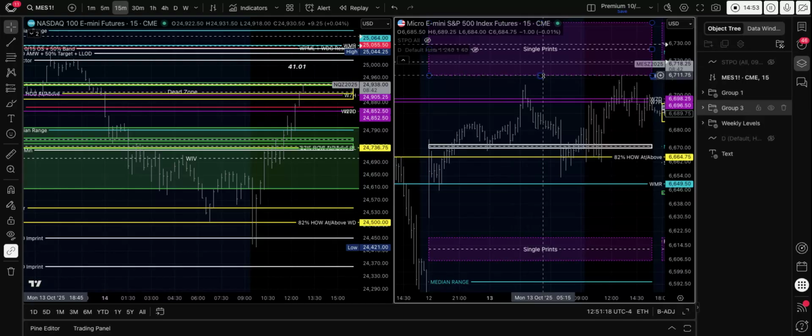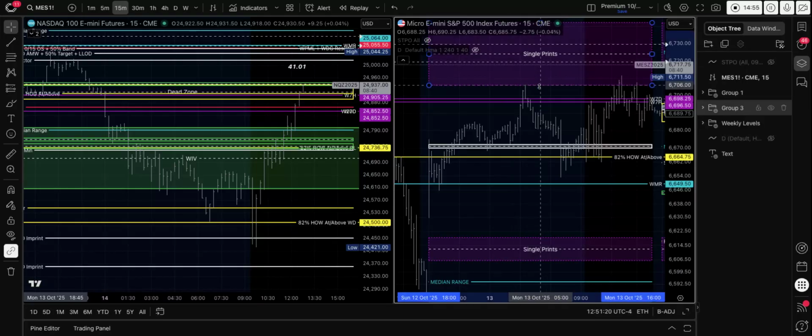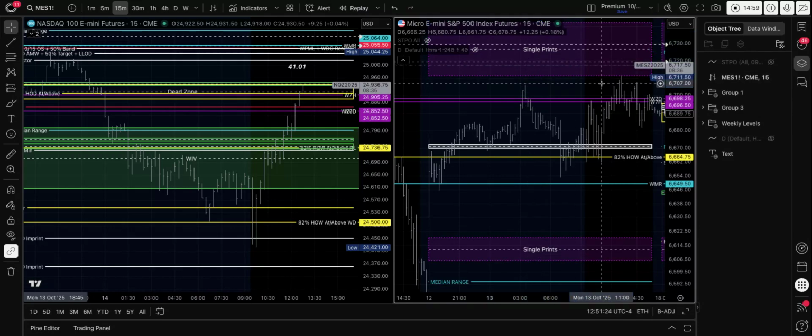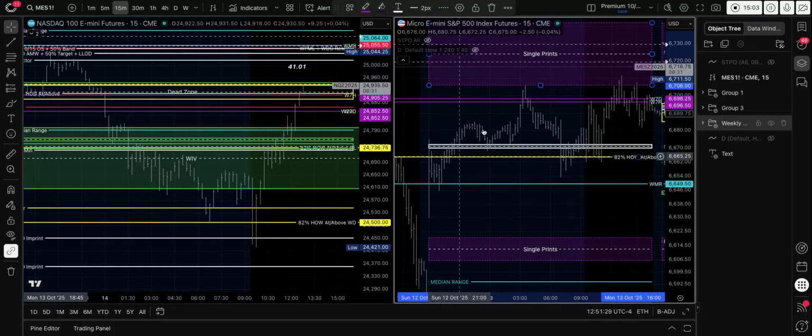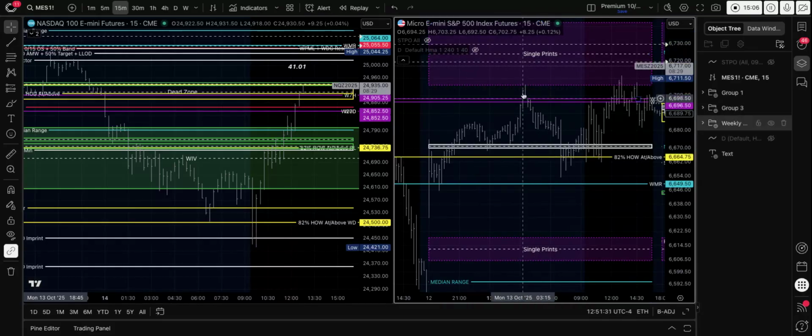This was excellent. This single print box, before I updated, was down here, but after it got partially filled, I moved it up. But initially it was here, which single print areas are great areas for reversals, especially on first test.